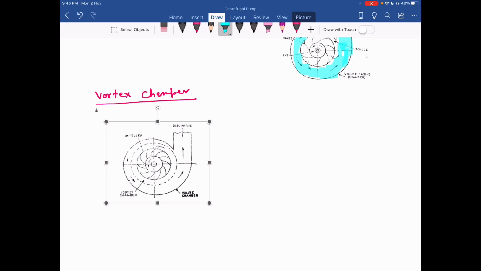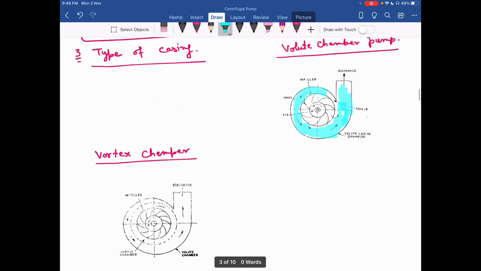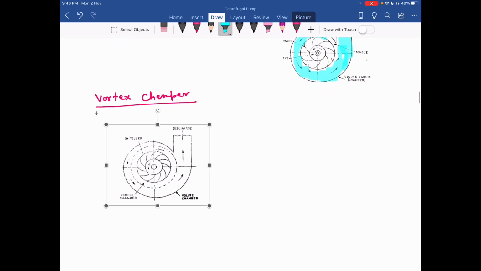Now, you can see this diagram. In the spiral or volute chamber pump, in this case there is some additional space that we call the vortex chamber. You can see here this additional space that I call the vortex chamber.